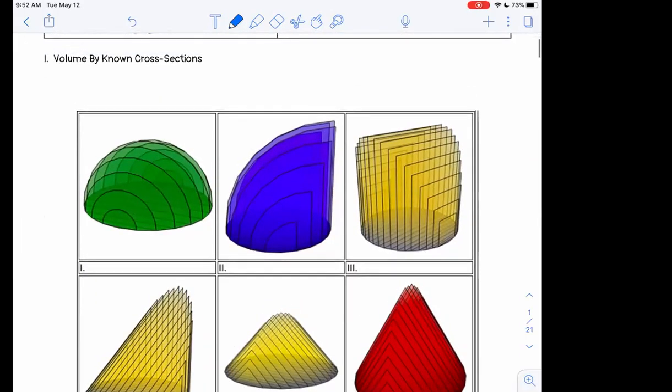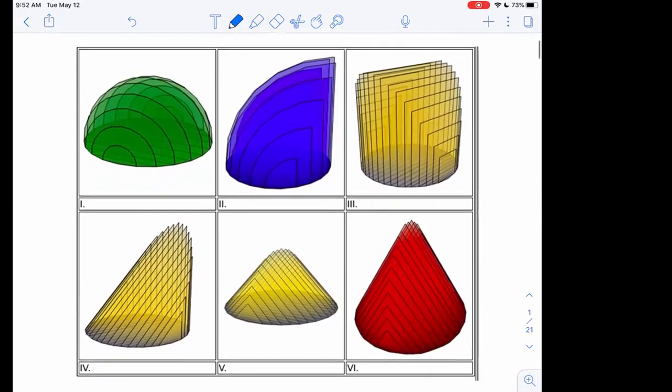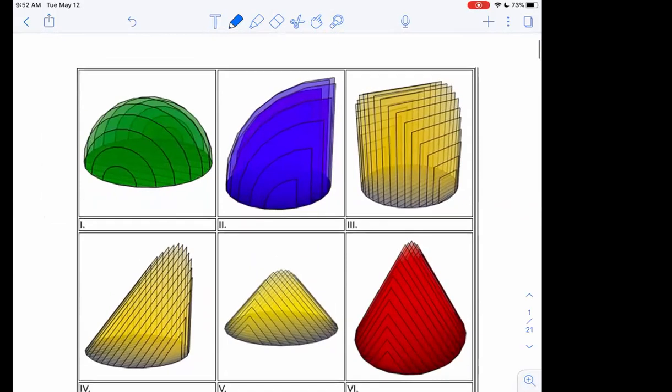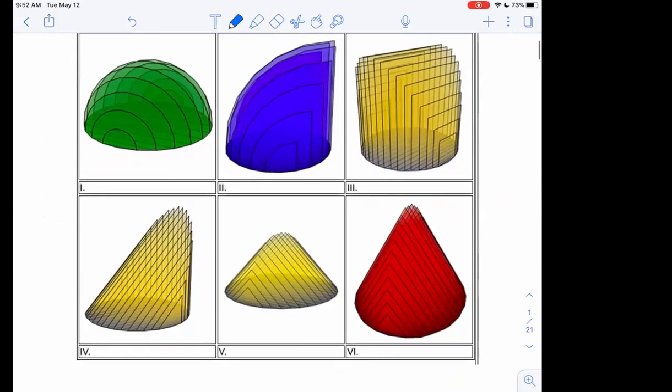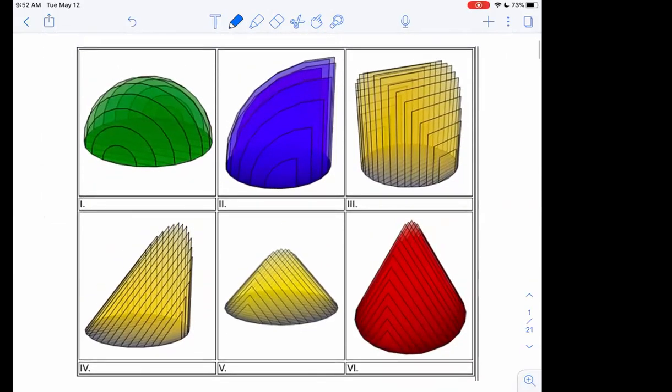All right, so we're gonna take a look at these 6 pictures, just to start. This part is volume by known cross sections. I'd like you to take a look at these 6 pictures, and we're gonna talk through the first one together, and then I'd like you to take a few moments to see if you can write down a description for the other few shapes, okay?